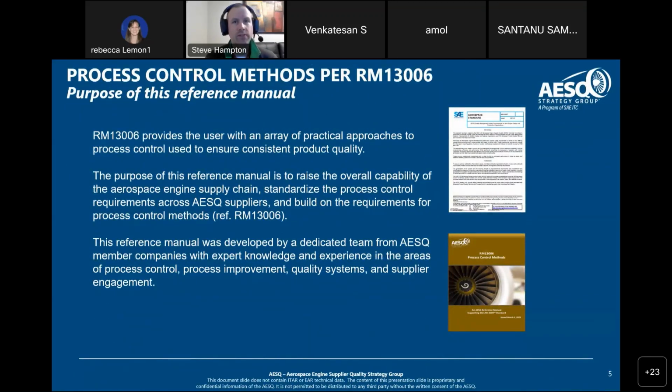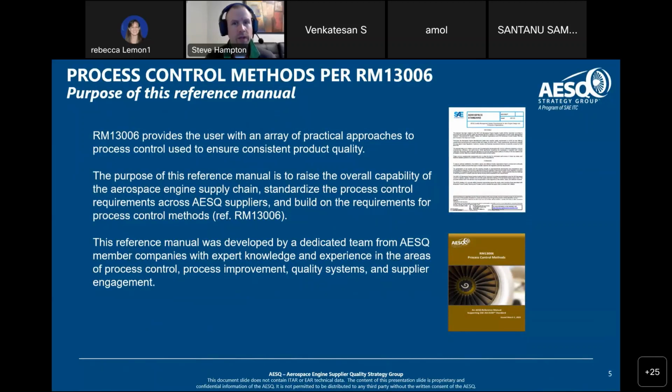So the process control reference manual 13006 covers all the process control foundations and tools, and it tells you how to apply these so that we can have consistent use of these processes across AESQ suppliers.